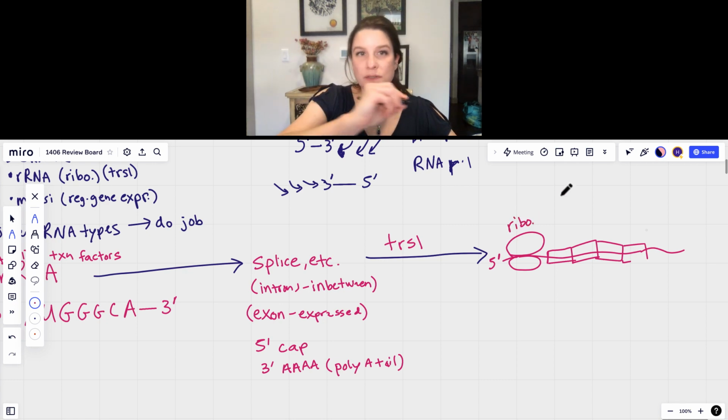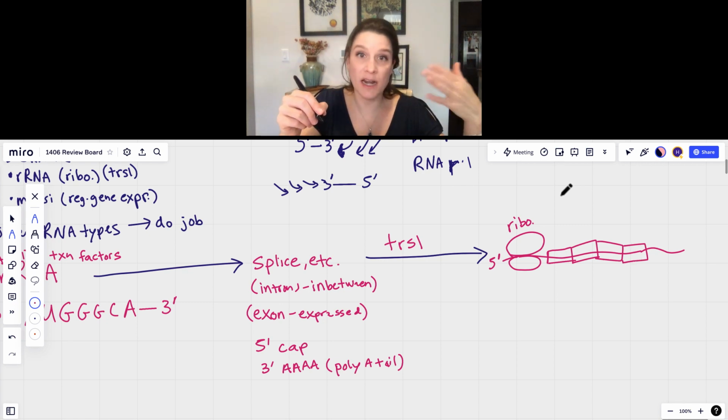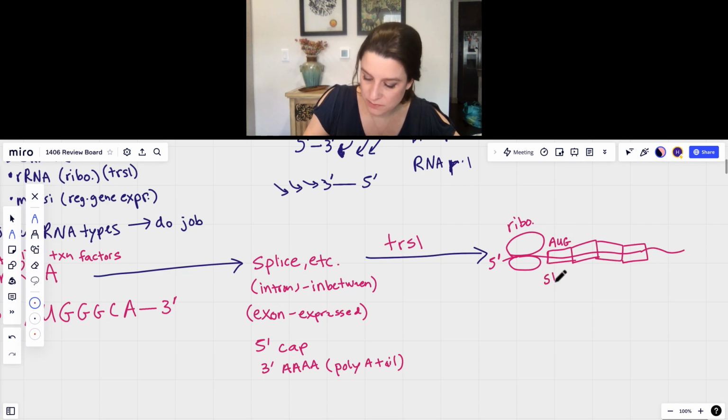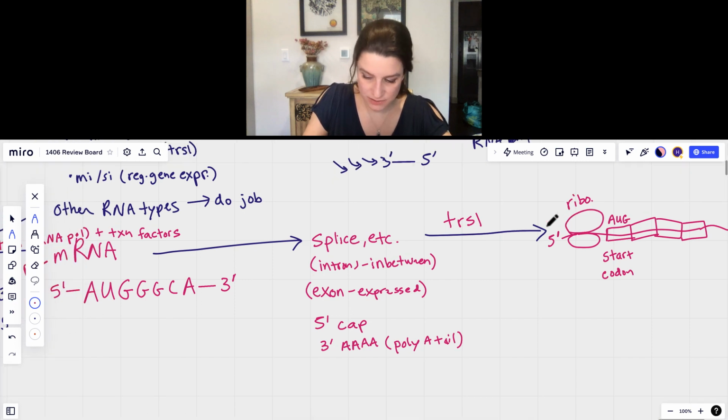And it goes along the RNA, because there's some beginning of RNA that's not actually translated. And it goes until it finds the first AUG. So the first AUG is going to be the start codon. And then it reads in groups of 3 from that. So for ours, AUG is the first one.